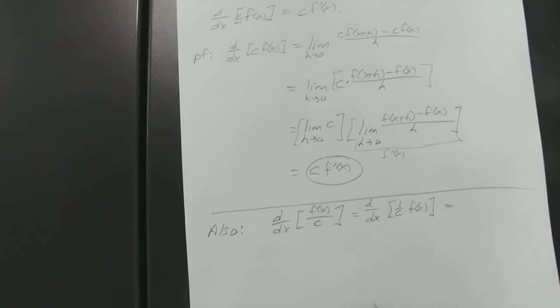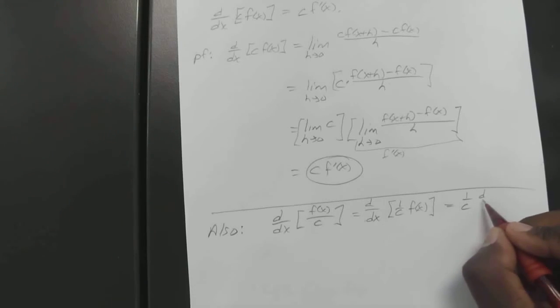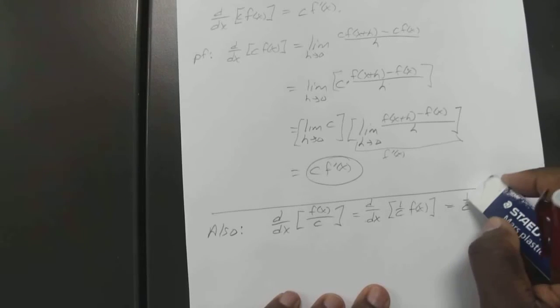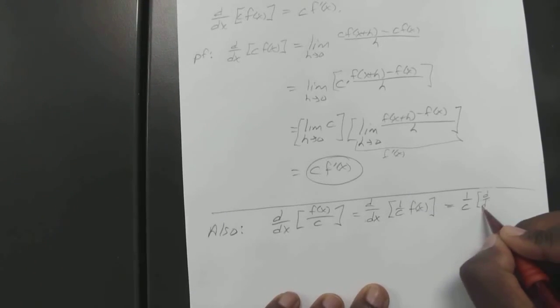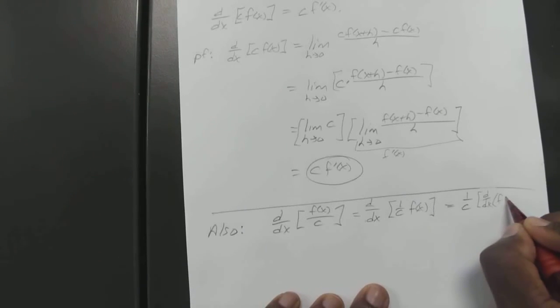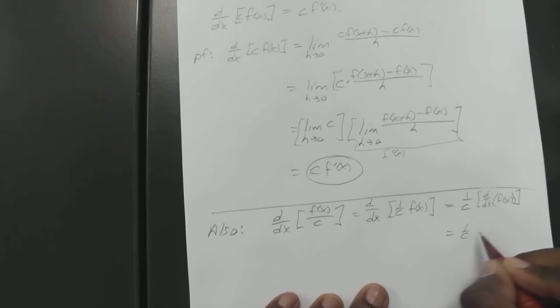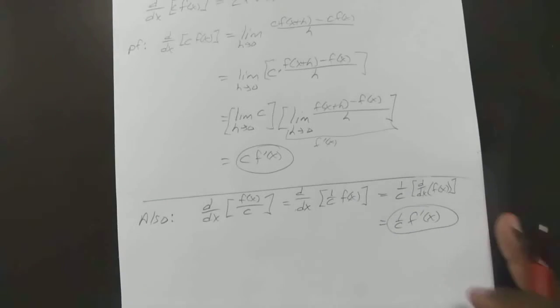And you can just bring that constant fraction rather, derivative of f prime of x. Which is 1 over c times f prime of x. Even though 1 over c is still a constant, even if it's a fraction, you can just pull it right out to the front.